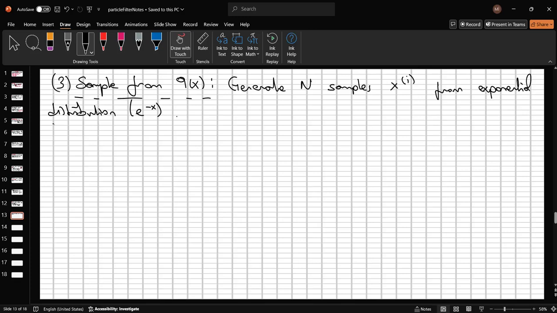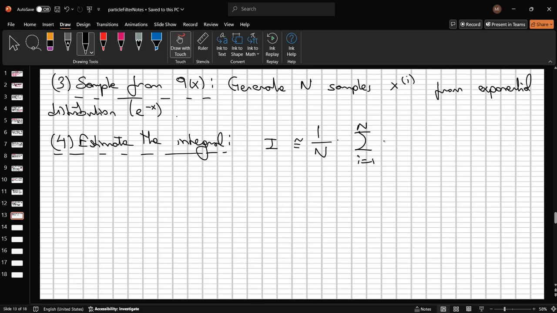After that we need to estimate the integral by using I equals 1 divided by n times the sum from i equals 1 to n of w_i. Okay, this estimates the I value in here.